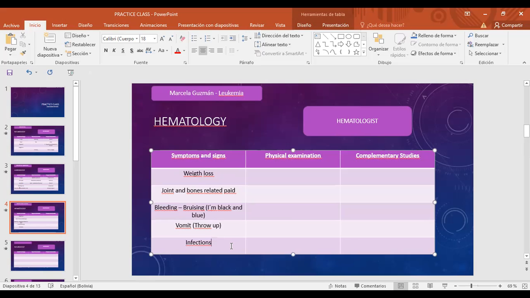Related to red blood cells, this person has anemic syndrome. Oh, I forgot about what this is. It won't have, like, well, the red cells contain oxygen, right?